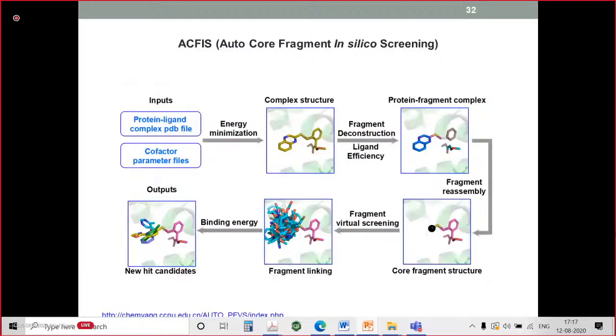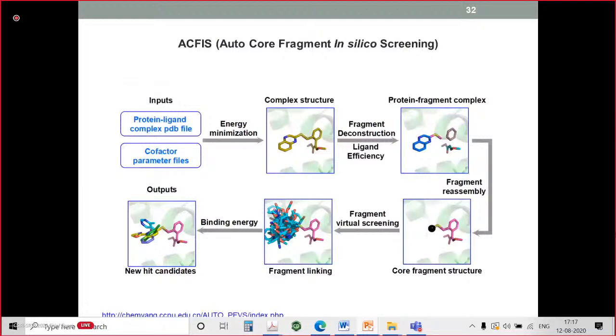I'll be coming to explain to you another important fragment-based drug design software, and that is freely available. One can go onto the server and can use it directly to design the lead molecule out of a given ligand.